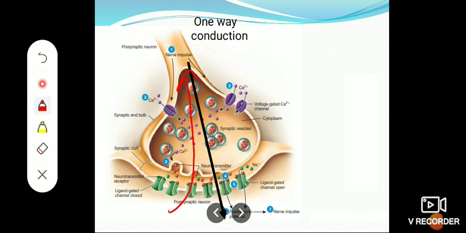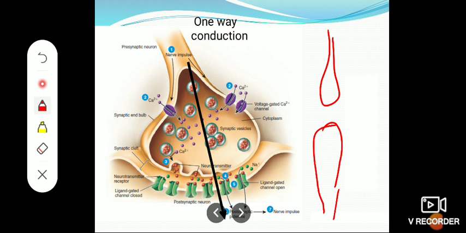For example, I'll show here. So this is one neuron, this is the other. If you are exciting this, what will happen? This will excite, going in this direction, so this neuron will excite here. But on the contrary, if you excite this neuron, the impulse will travel here, it will travel here also, but it will not go from here to there.